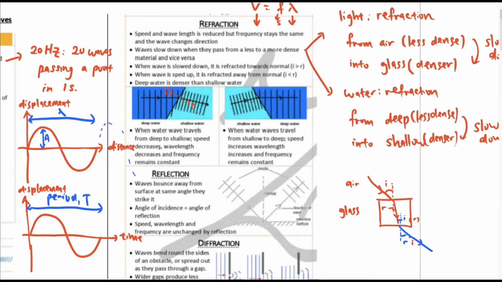Is it that if the arrow is away from the normal, then it will produce a bigger angle, and that is the I? In calculation, yes, it is the I. So if the arrow is nearer to the normal, then the angle will be smaller, which will be the R. Yes, that's the idea.